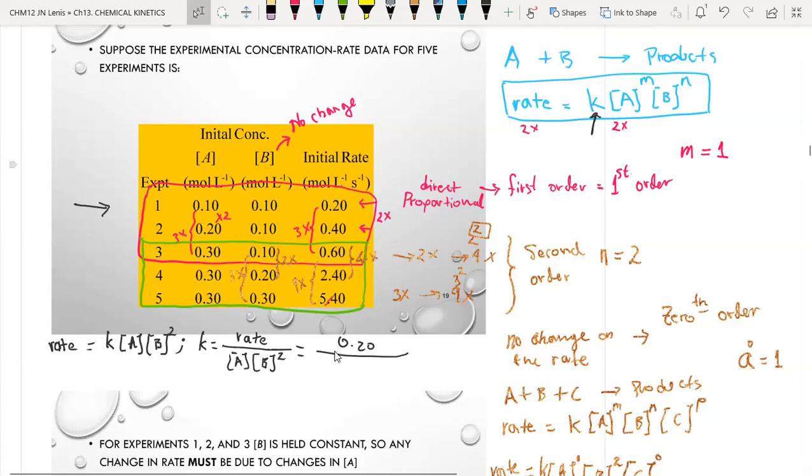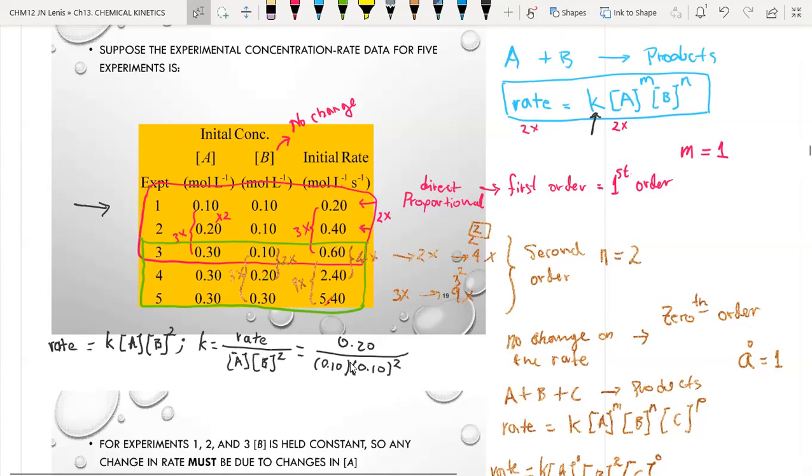0.20. What is the concentration of A on the experiment number 1? It is 0.10, times concentration of B, which is 0.10 also, 0.10 squared. Now we know the exponents, and that's what we are going to use here.